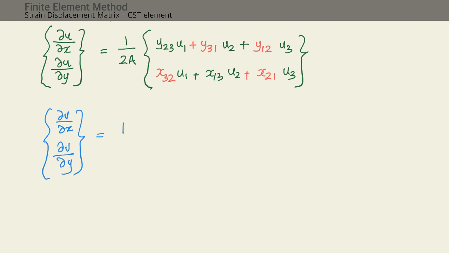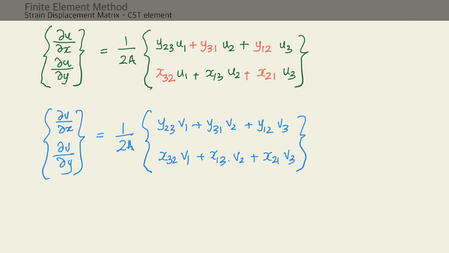That would be equal to 1 by 2a into, what you have to only substitute is, instead of u1, u2 and u3, you have to substitute v1, v2 and v3. So y23 v1 plus y31 v2 plus y12 v3, x32 v1 plus x13 v2 plus x21 v3.